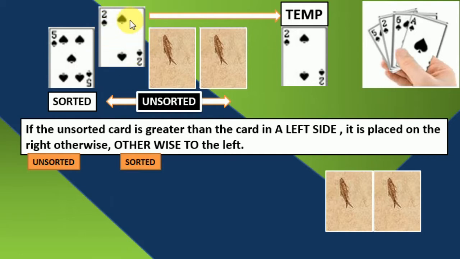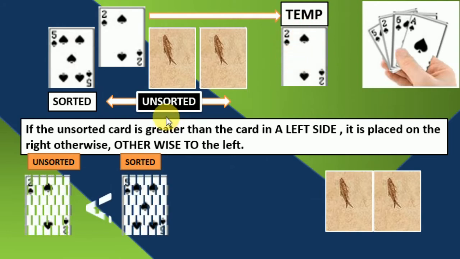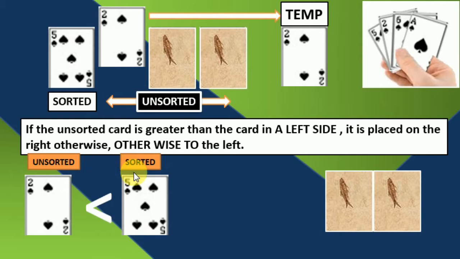Now the first card in the unsorted list is the number 2. We store that inside temp, a temporary variable. Now we check the card, unsorted with sorted. Whatever card is first in the unsorted list is compared with all the cards in the sorted list, towards the left side.